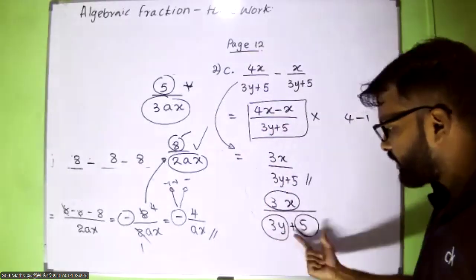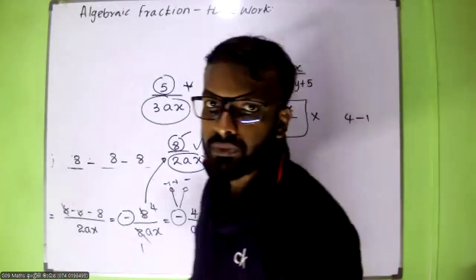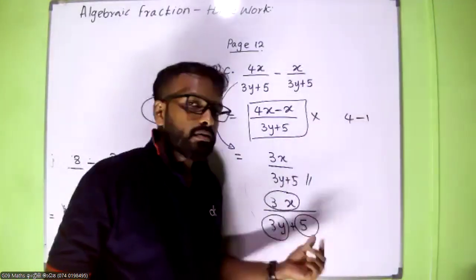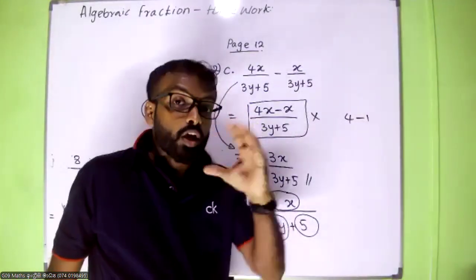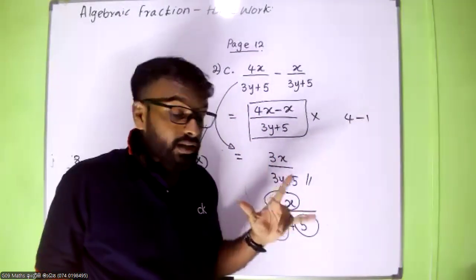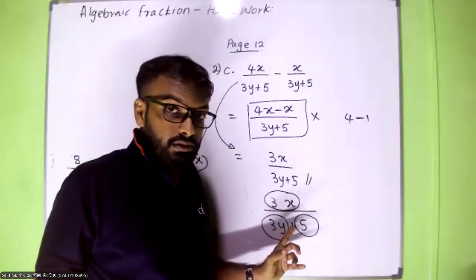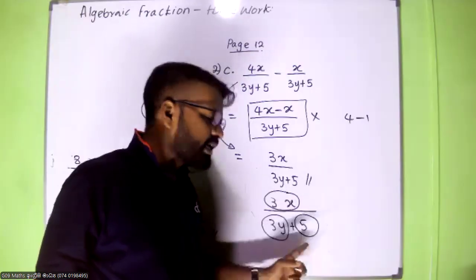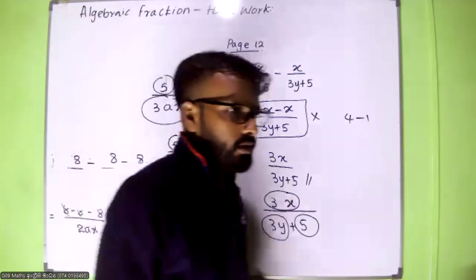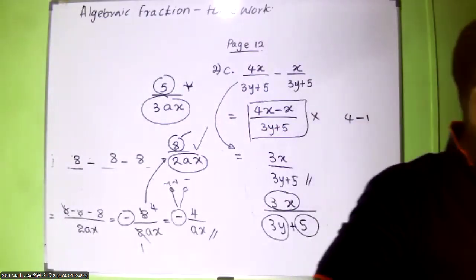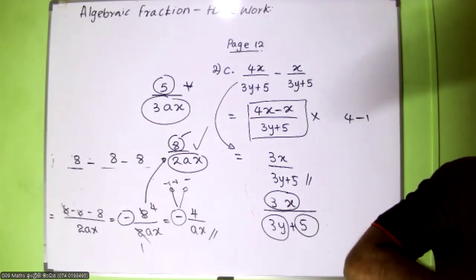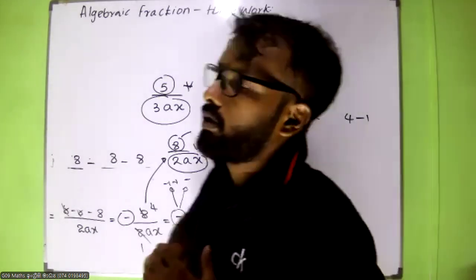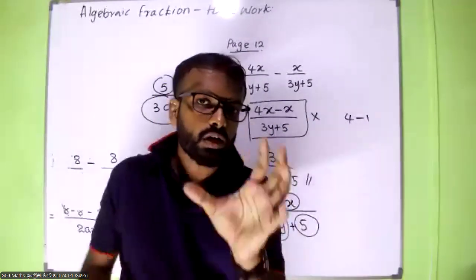And how many terms are there? 3. If you want to simplify these 3 terms, can you find any common factor for these 3 terms together? No. So that is the logic that you need to understand.